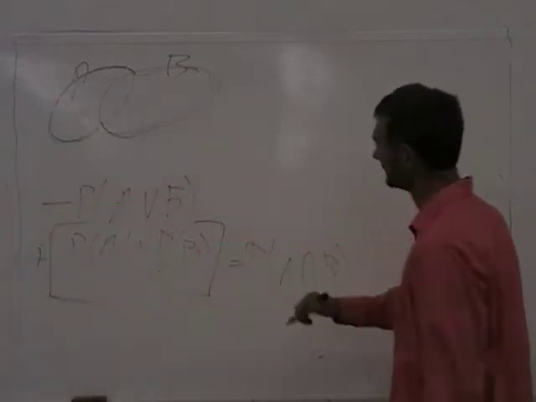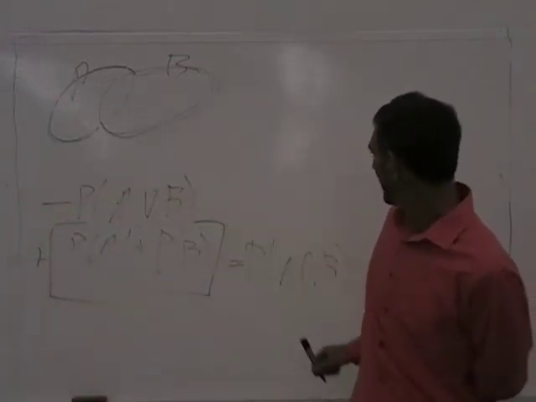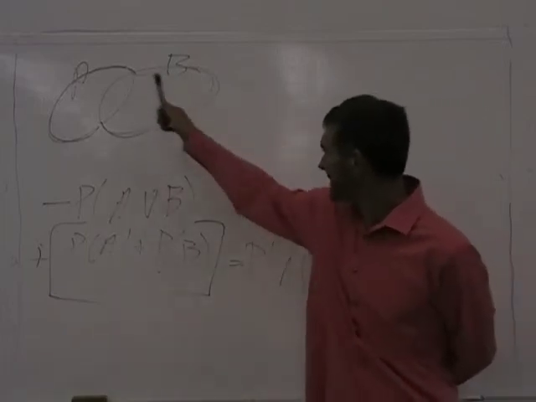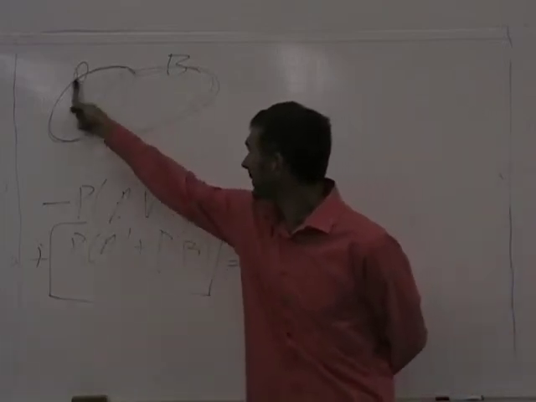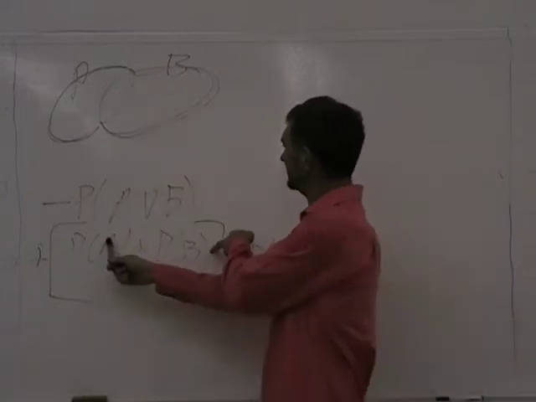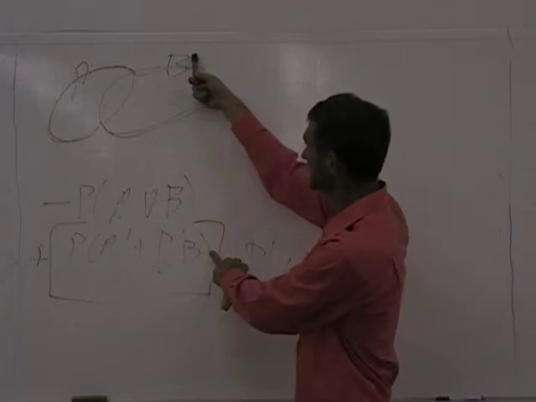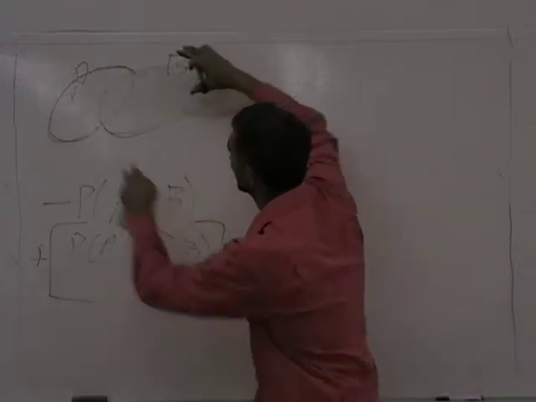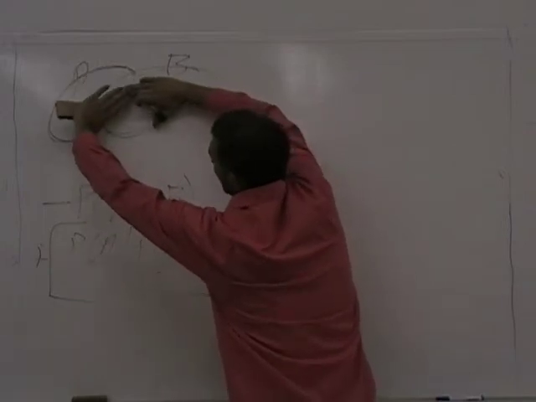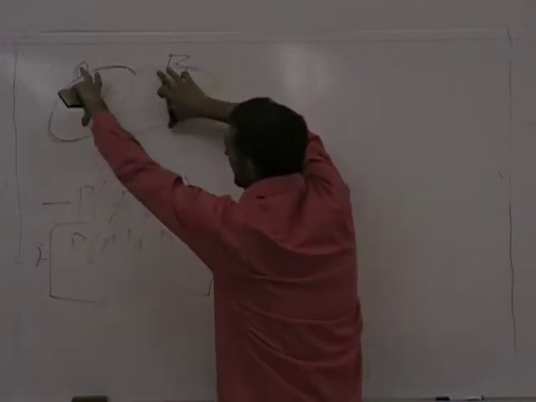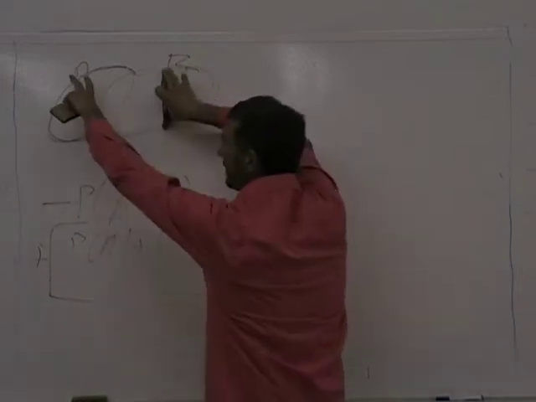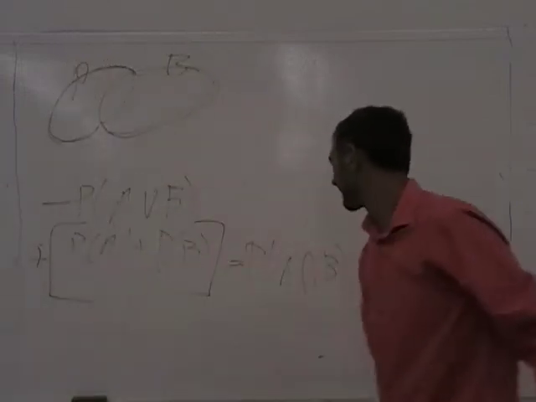So I just did negative this, positive that. I did my algebra bad. So the probability of the intersection is the probability here plus the probability of B. We've got an overlap on the intersection, and then we subtract what lays on top, and we're left with the intersection. Okay.